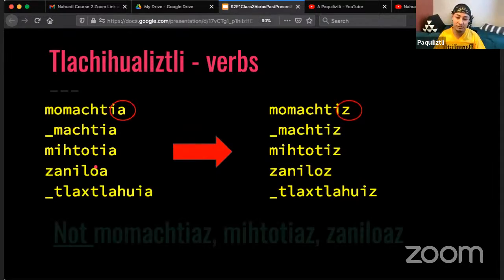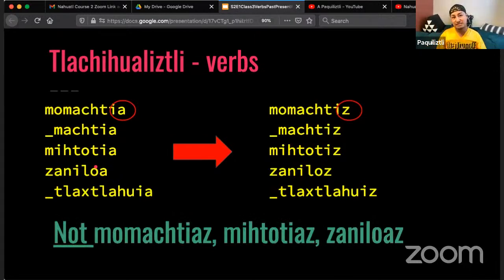So it's pretty straightforward. One of the biggest issues that I see people make when they conjugate the class 3 verbs is they try to just add the Z to the IA and say momachtias, mihtotias, and saniloas. So I'll tell you that that's a common mistake. So if you find yourself saying momachtias, mihtotias, saniloas, that's not the correct way to do it.